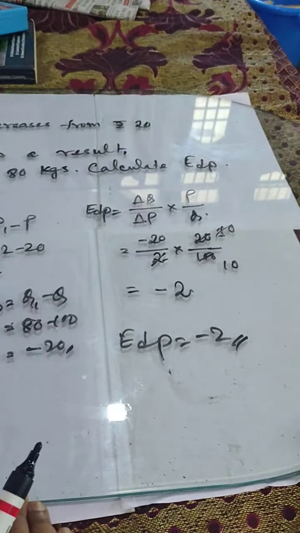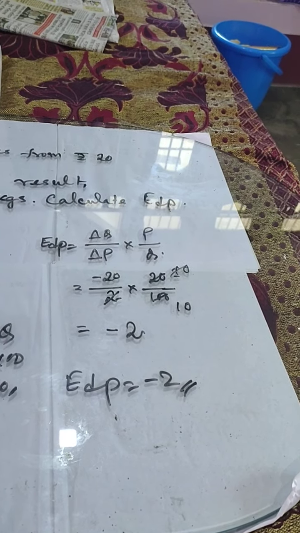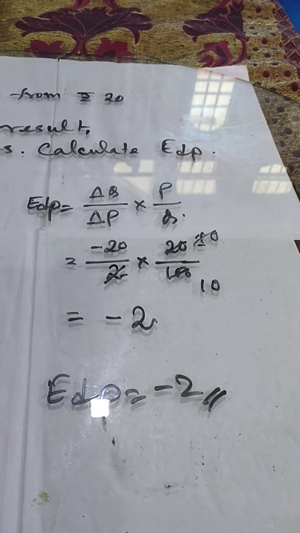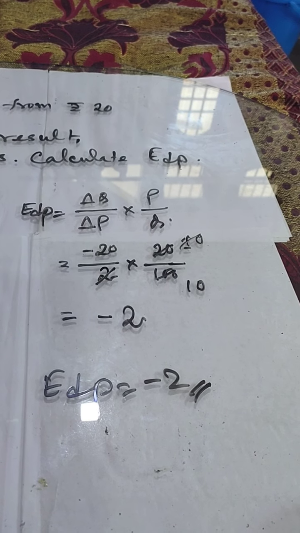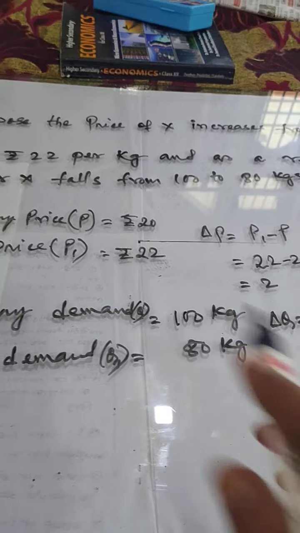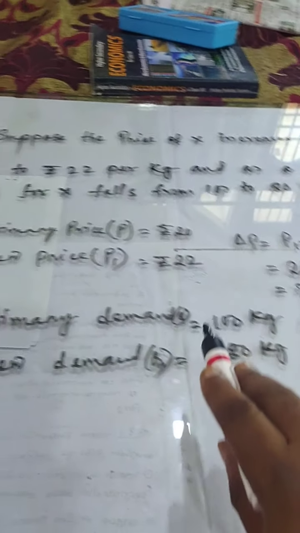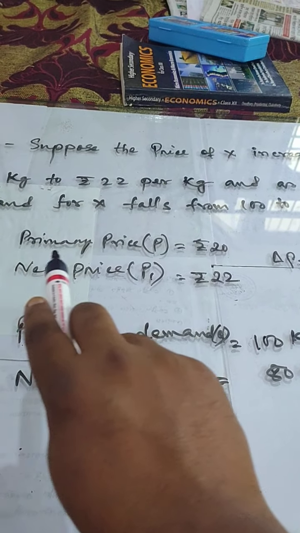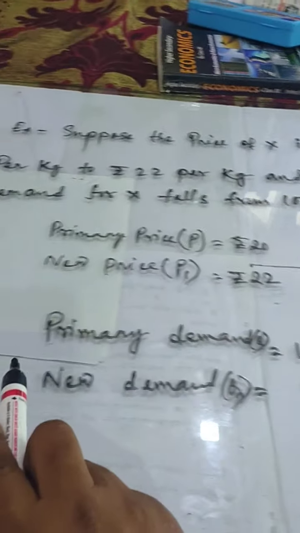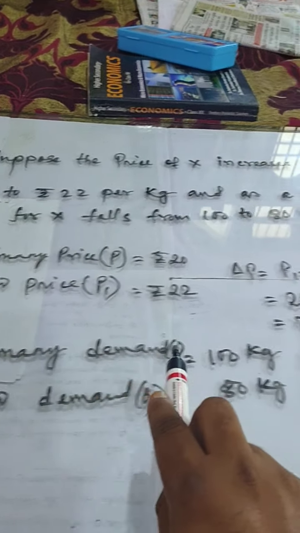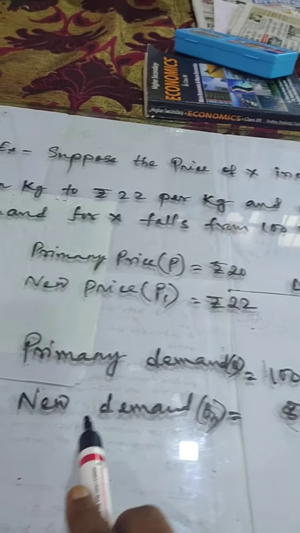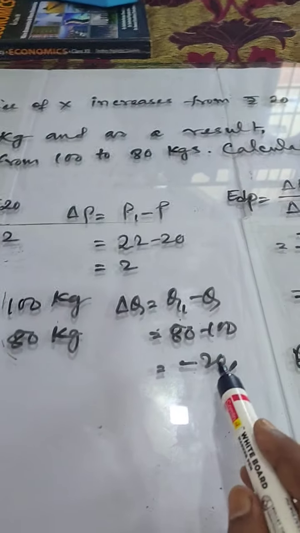You must remember the formula that we ultimately got in the previous discussion, that is EDP equal to delta Q by delta P into P by Q. You have already found the value of delta Q as well as delta P. The primary price is rupees 20, the new price is 22, so delta P will be 2, and then you determine the value of delta Q from the primary demand and new demand, that is 80 minus 100, which is minus 20.